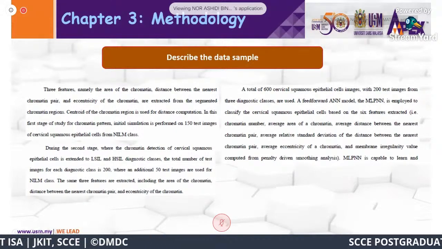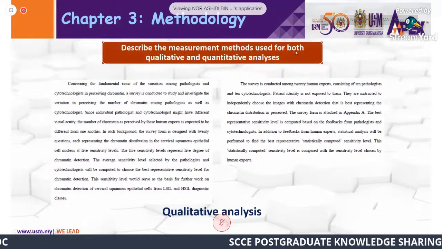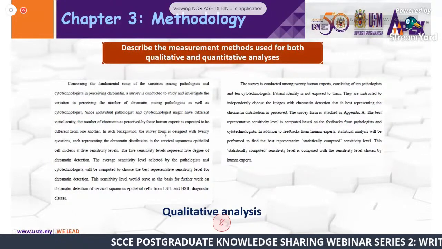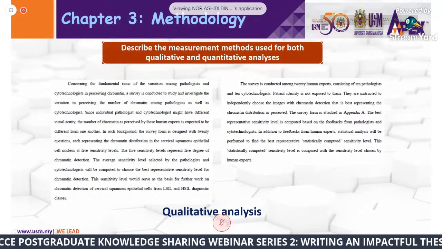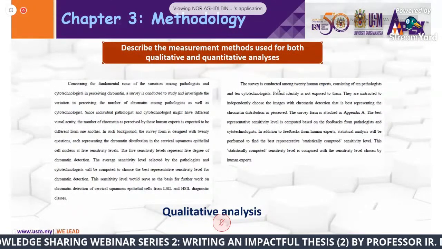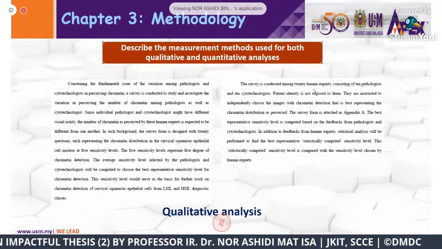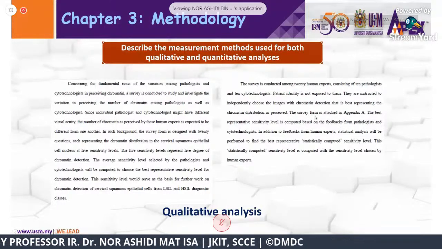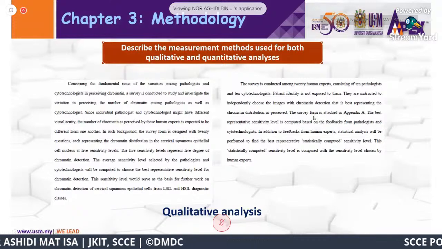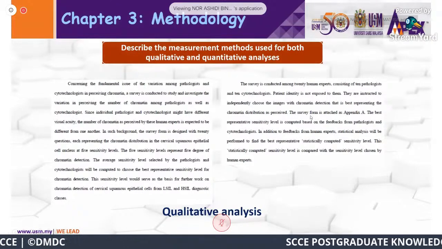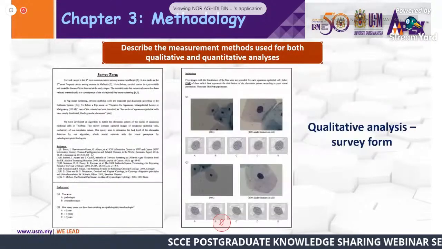Then describe the measurement methods used. I have a qualitative one. So what is to be observed? I use a survey. Survey among whom? How many human experts? 20 human experts. So I have a survey form. How do I design the survey form? I will give an example. So this is an example of the survey form.